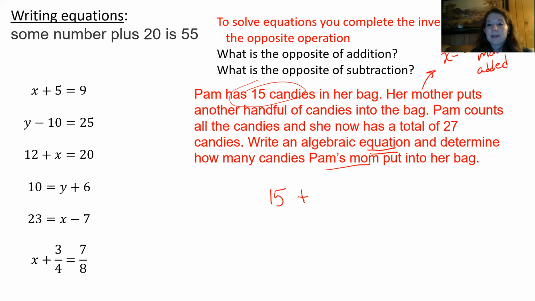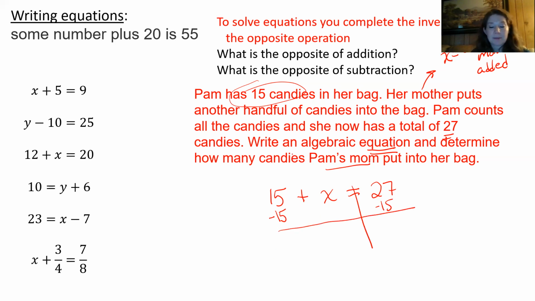So we have 15 plus however many mom added. All together, we have a total of, total means addition, 27 candies, right? So we want X by itself. So how do we get rid of this positive 15? Well, we're going to subtract 15 from both sides.